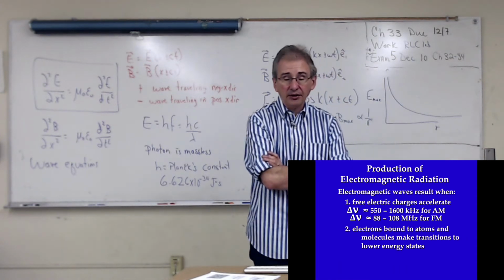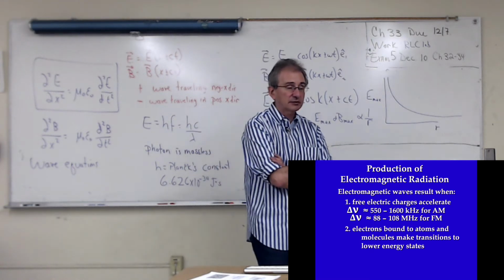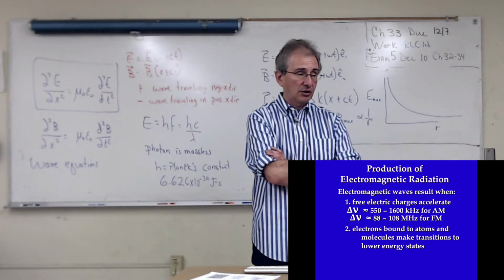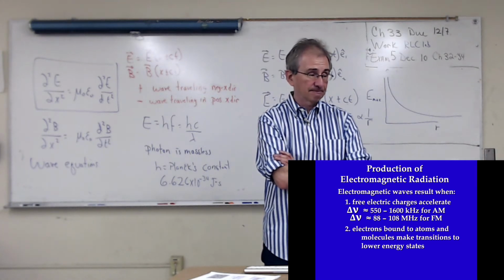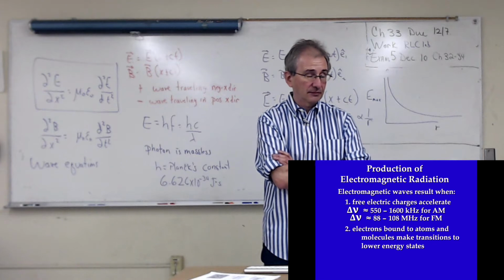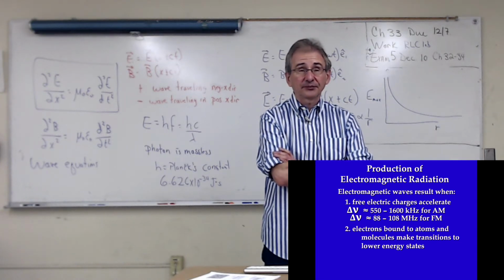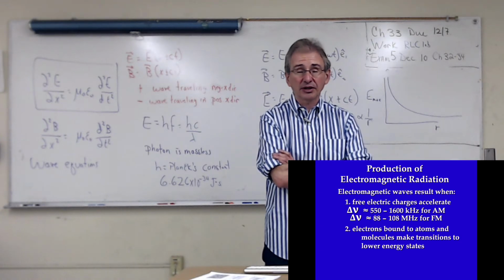Now, the other source of electromagnetic radiation comes from electrons making transitions in atoms, or electrons in molecules making transitions in molecules, or protons or neutrons making transitions in the nucleus.